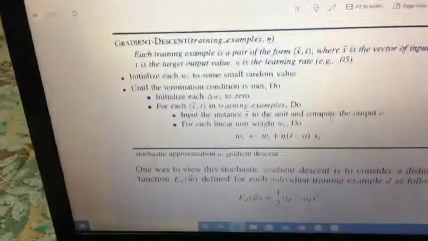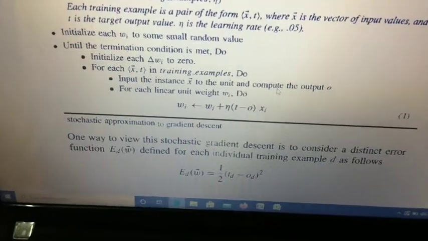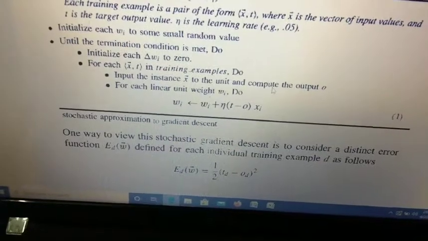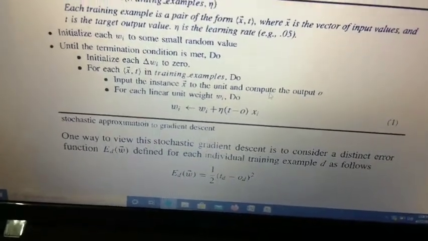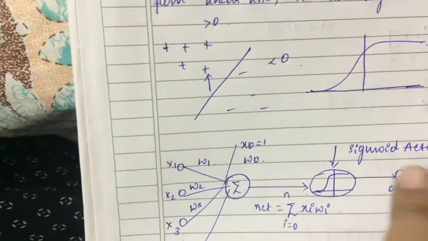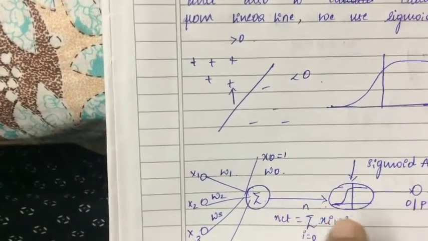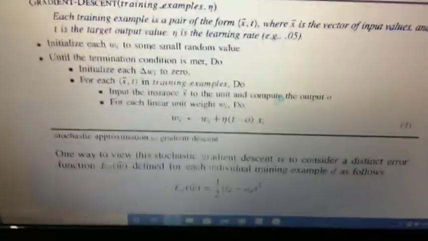The same thing is explained here: for each input vector and output in a training example, input the instance, that is an x vector, to the unit and compute the output. How are we computing the output? So this is our final output. These are the processing steps, that is the summation and activation function, along with the bias, to get the output.